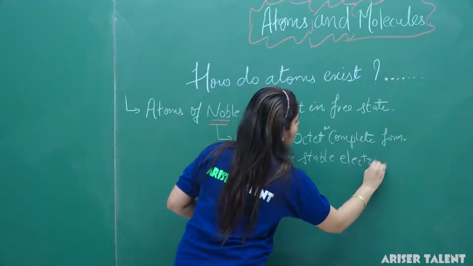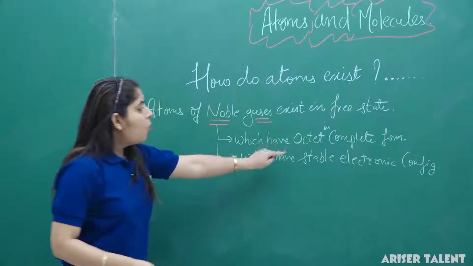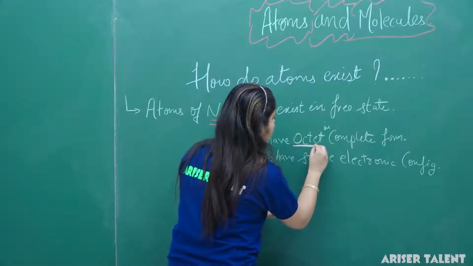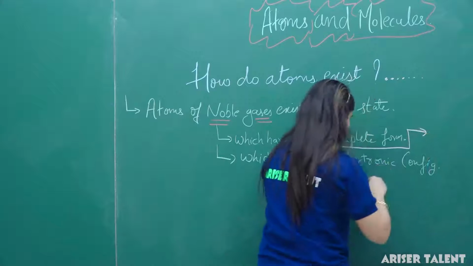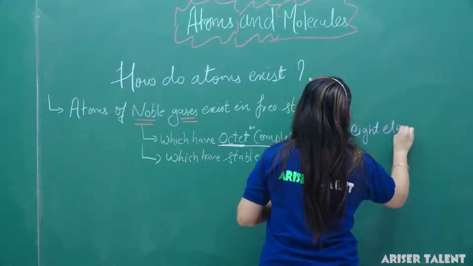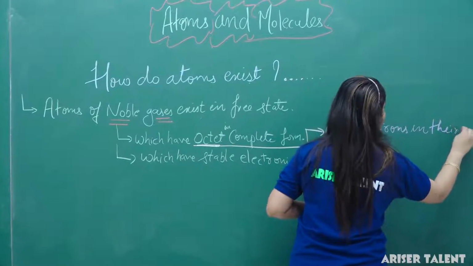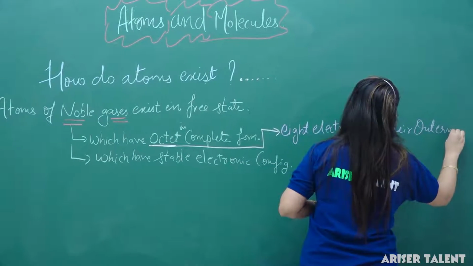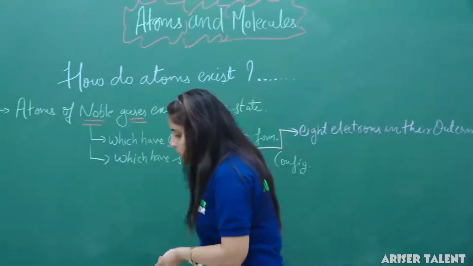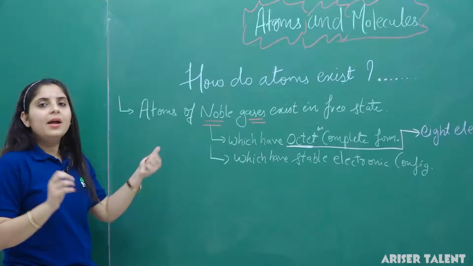Octet means they have 8 electrons in their outermost shell. So atoms of the noble gases can exist in the free state because at room temperature they are non-reactive.